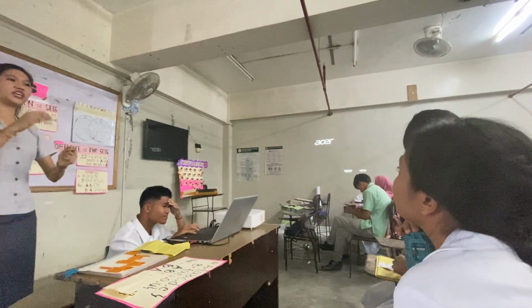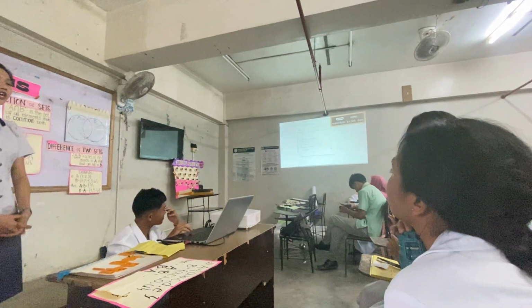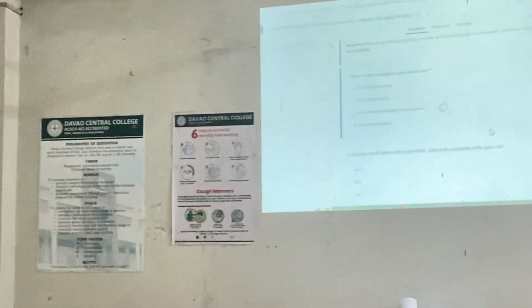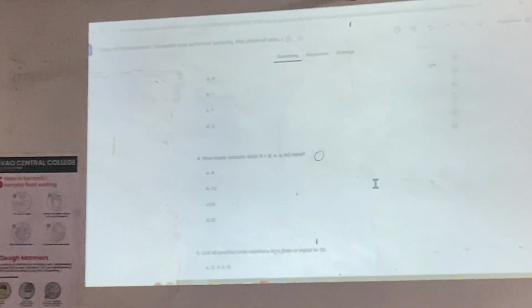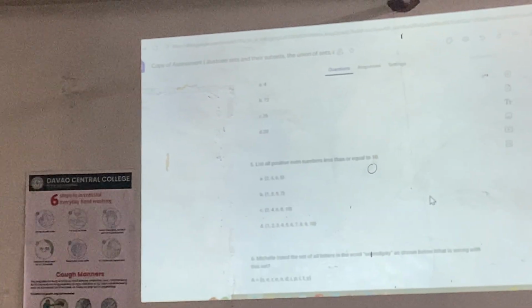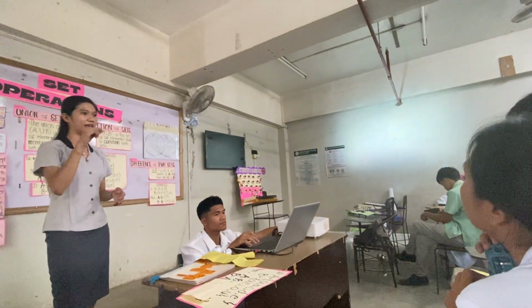I will give you 10 minutes to answer the following questions. Your timer starts now. 5, 4, 3, 2, 1. Okay, very good. I think you all passed the assessment and no one has a low score.